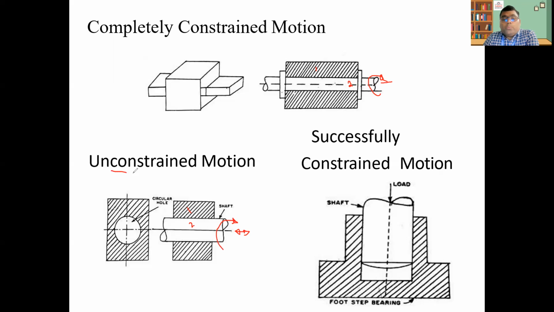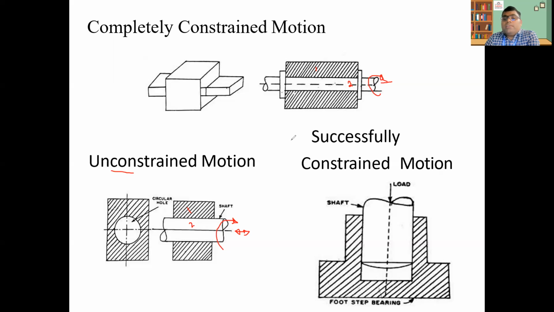So two motions are possible here, depending on the direction of the load. If we apply the load along the axis, we get translation; if we apply a twisting moment, we get angular motion, or rotation, along the axis of the shaft.